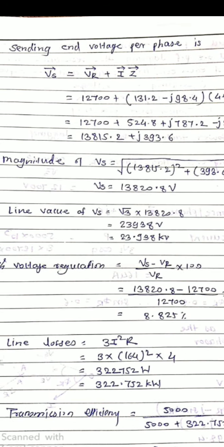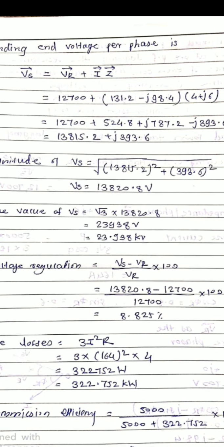Putting in the values and calculating, Vs is equal to 13815.2 plus j393.6.